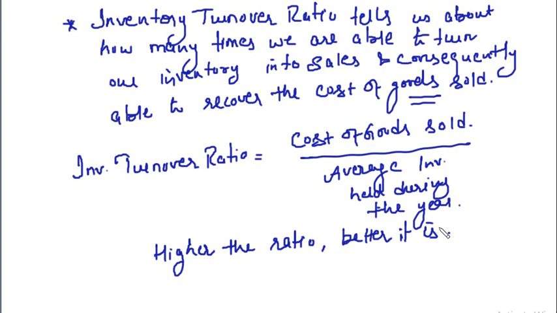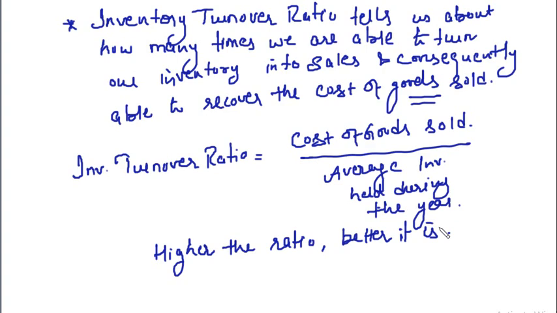So friends, average inventory turnover ratio tells us that in a year how many times we are able to convert our inventory into sales and consequently recover the cost of buying or manufacturing the product.